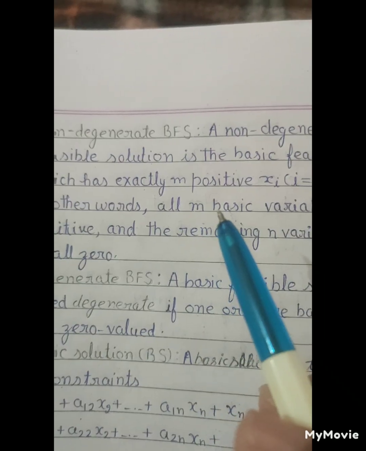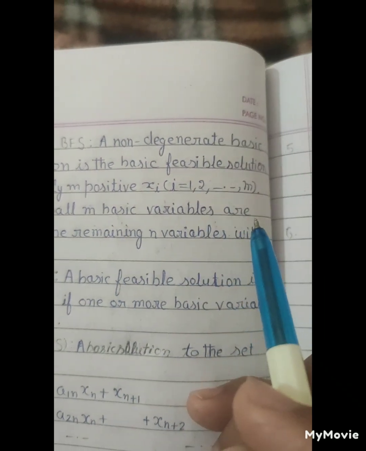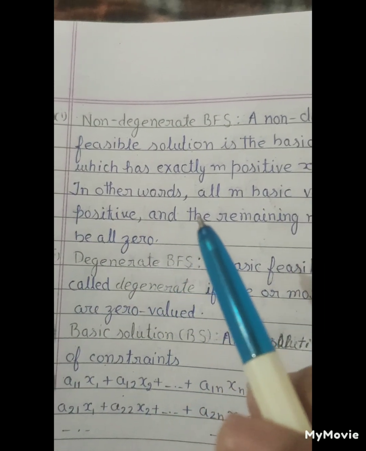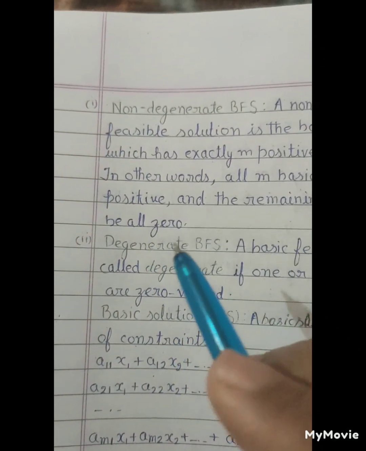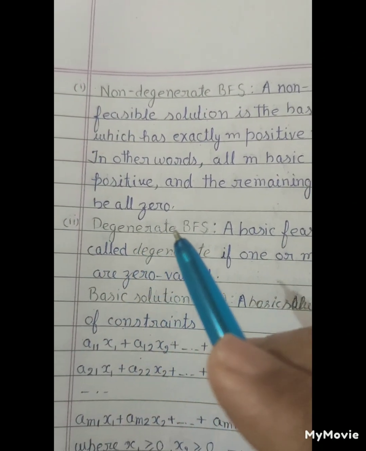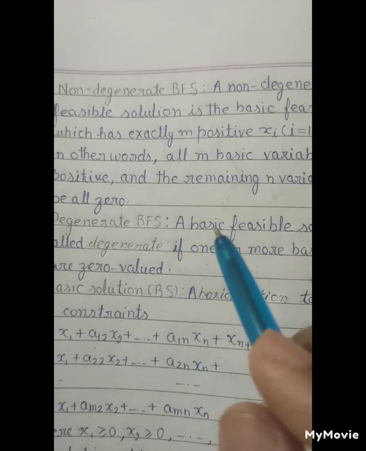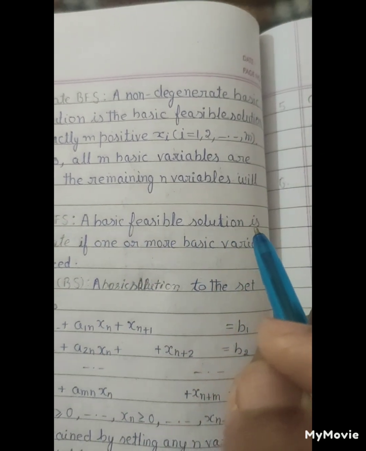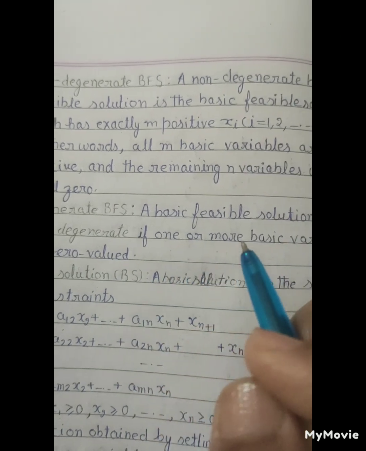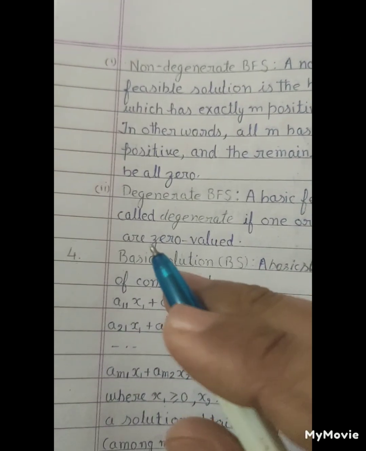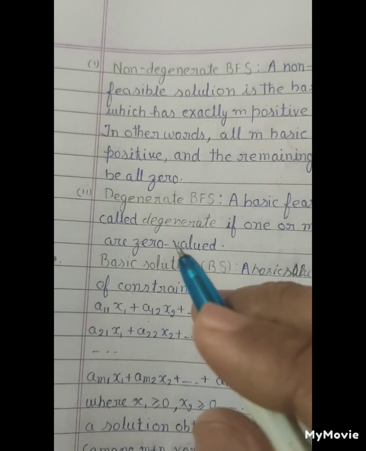In other words, all m basic variables are positive and the remaining n variables will be 0. 2. Degenerate basic feasible solution. A basic feasible solution is called degenerate if one or more basic variables are 0 valued.